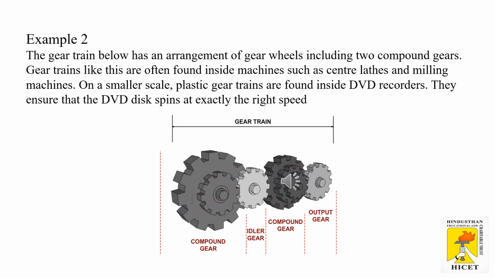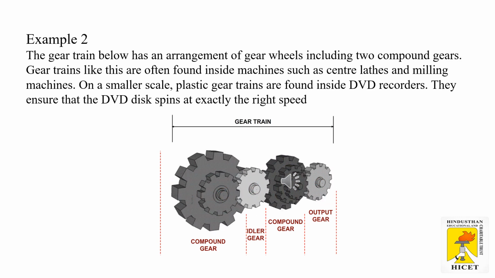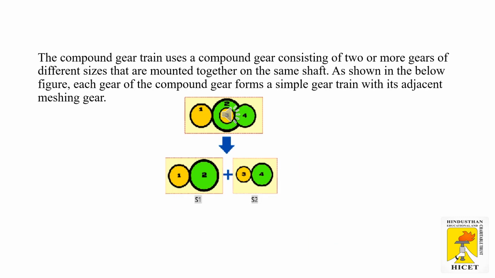They ensure that the DVD disc spins at exactly the right speed. The compound gear train uses a compound gear consisting of two or more gears of different sizes that are mounted together on the same shaft, as shown in the figure. Each gear of the compound gear forms a simple gear train with its adjacent meshing gear.